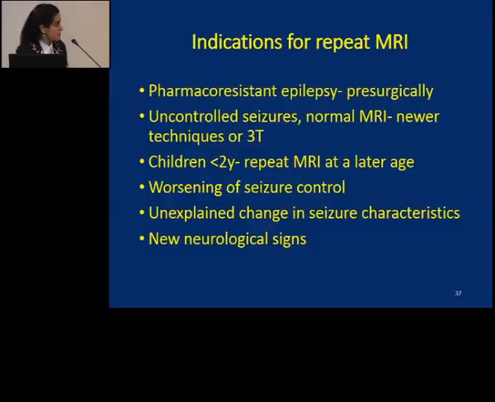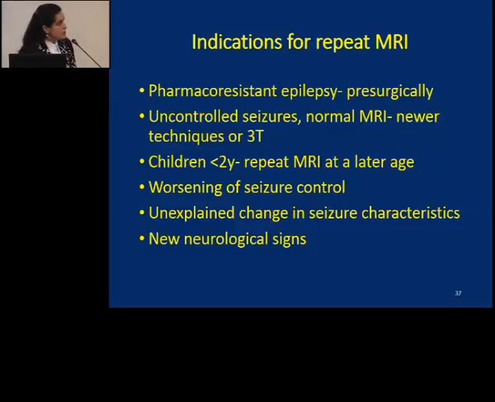What are the indications to perform a repeat MRI? I hope that almost all of you are familiar. I just summarized them. In any case of pharmacoresistant epilepsy, when we plan surgery, this is the pre-surgical examination. In patients with seizures with poor control and normal MRI, we can put them on 3T or perform the newer techniques.